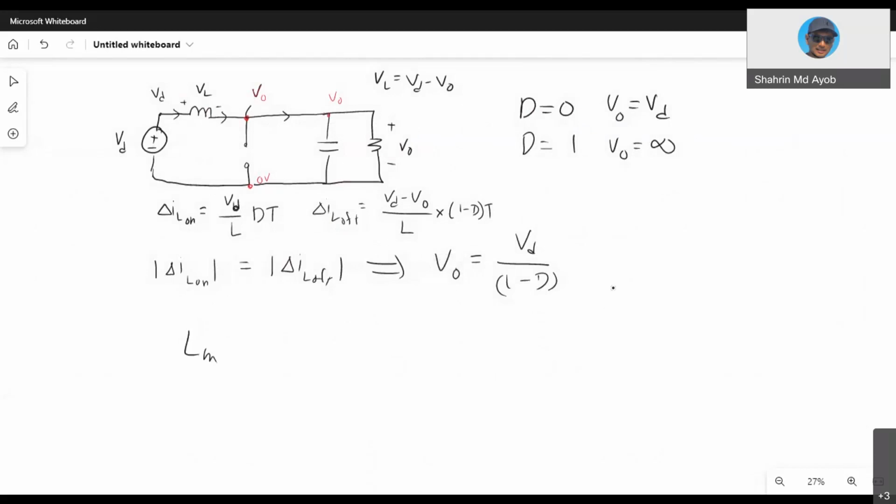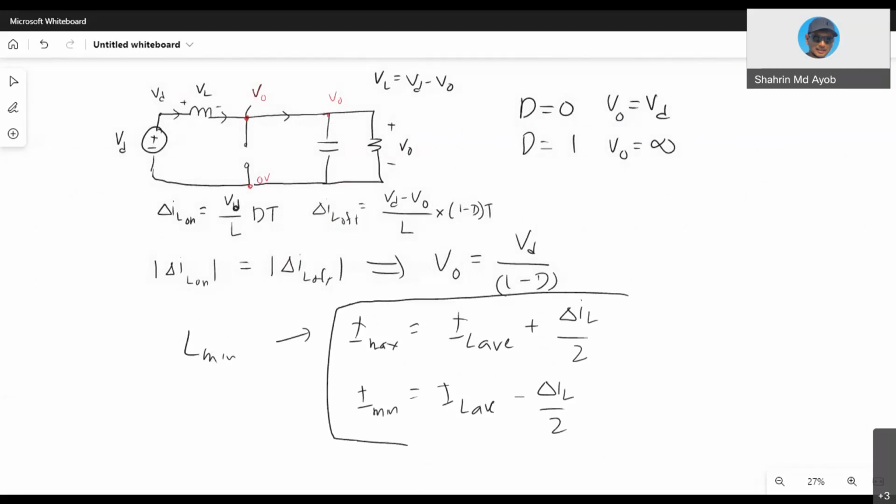Here it is actually the same: you need IL average plus delta IL over 2, and for I min it is IL average minus delta IL over 2. It's the same equations, because the inductor current will go from minimum to maximum and then back to minimum.